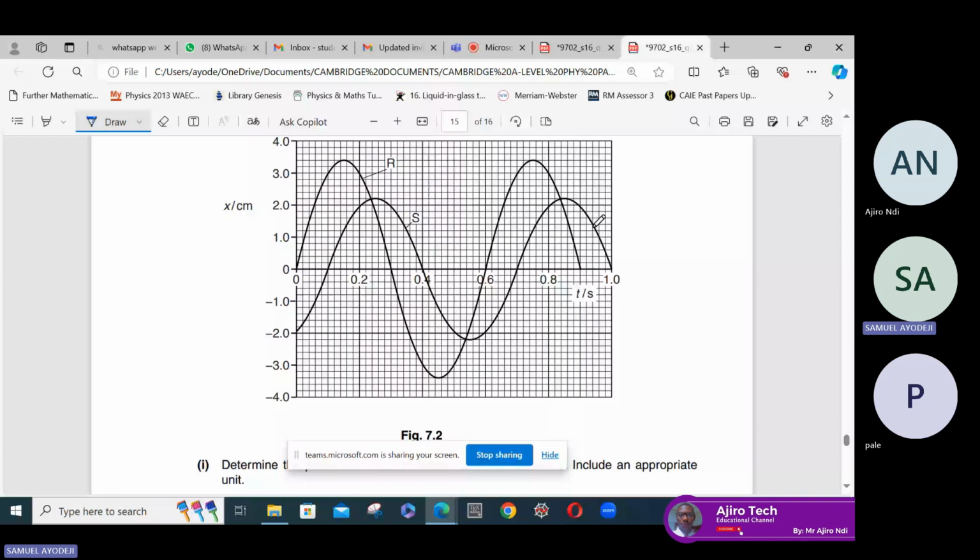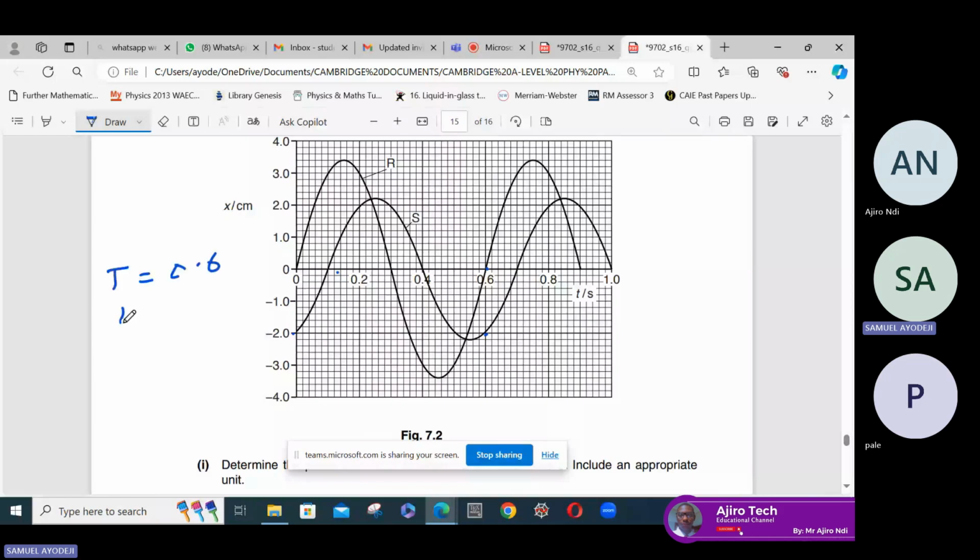First of all, they should have the same period. From here to here is 0.6, and from this one to this one is also 0.6. That's the period. So capital T is 0.6.